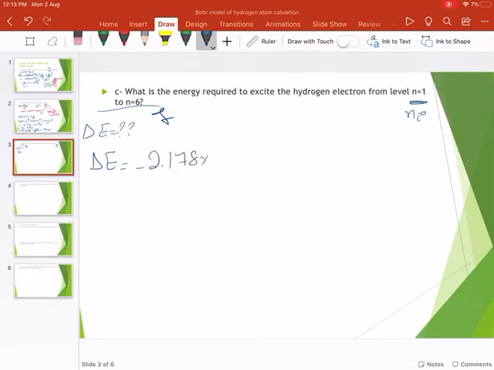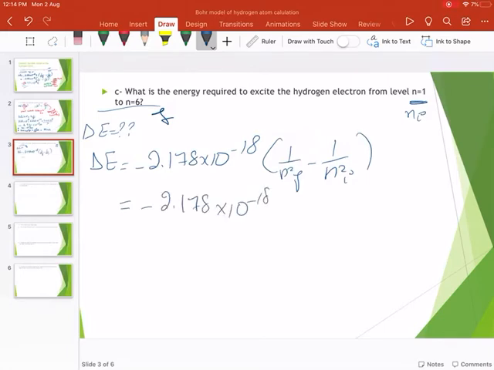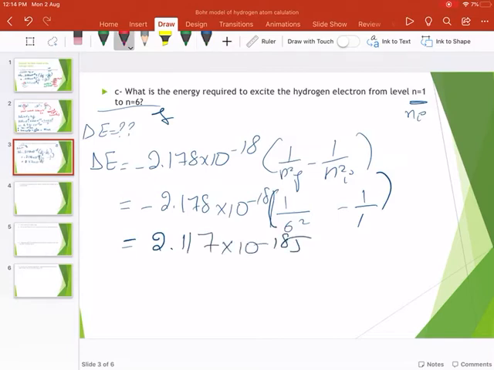Delta E equals minus 2.178 times 10 negative 18, 1 over n squared final minus 1 over n squared initial, so minus 2.178 times 10 negative 18, times 1 over 6 squared minus 1 over 1. Here the final answer will be 2.117 times 10 negative 18.